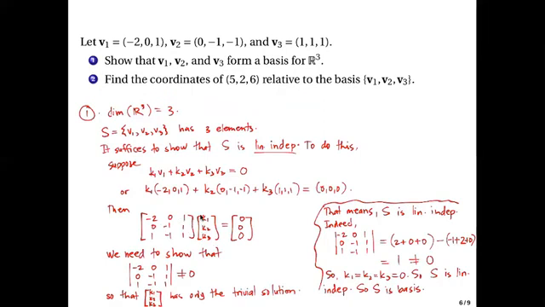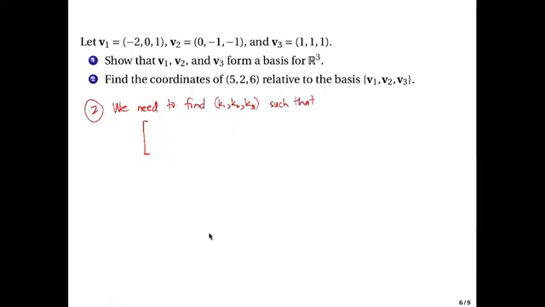So we have -2, 0, 1, 0, -1, -1, 1, 1, 1, multiplied to that vector K1, K2, K3. We want to find K1, K2, and K3 so that when you multiply this, we will have the vector 5, 2, 6.